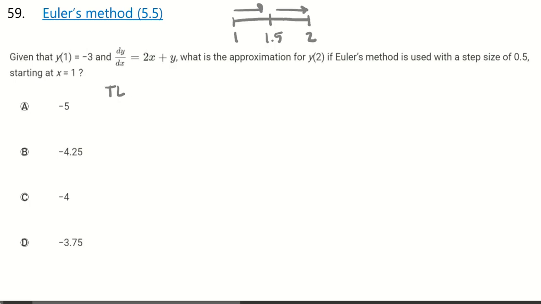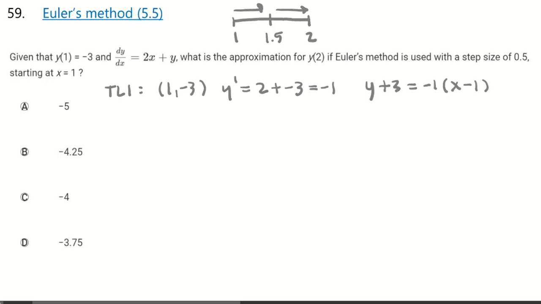Okay, so my first tangent line, I'm going to need a point. That'll be (1, -3). I'll need a slope. y prime equals 2x plus y. So I'll have an equation y minus -3 equals the slope times x minus 1.